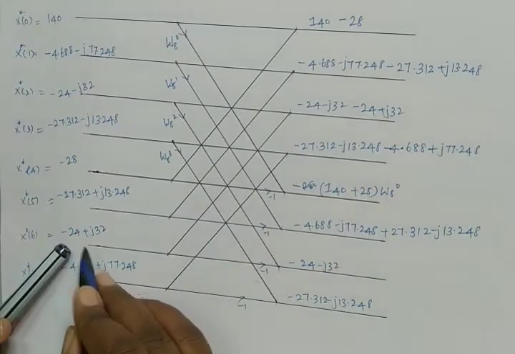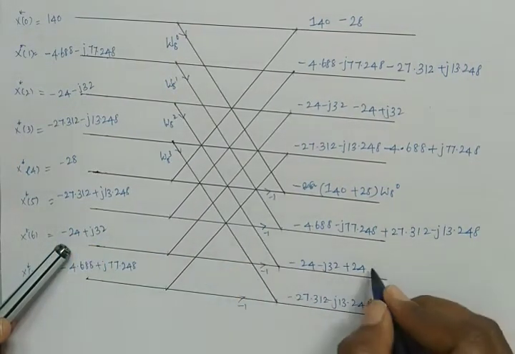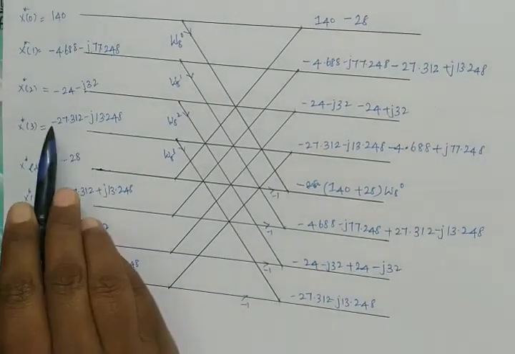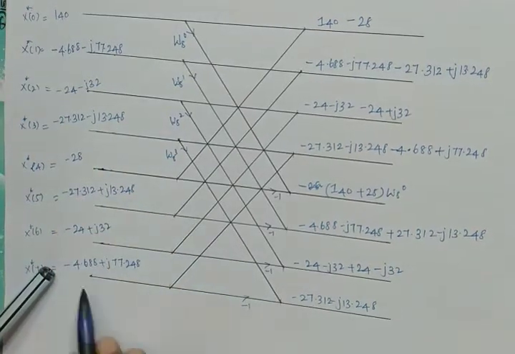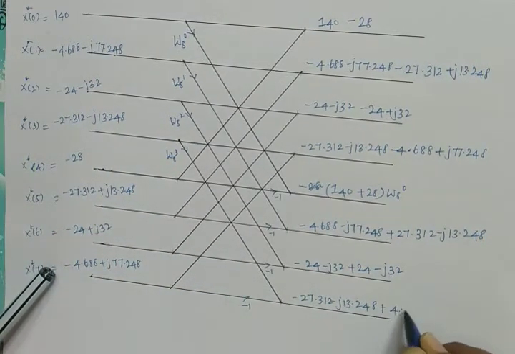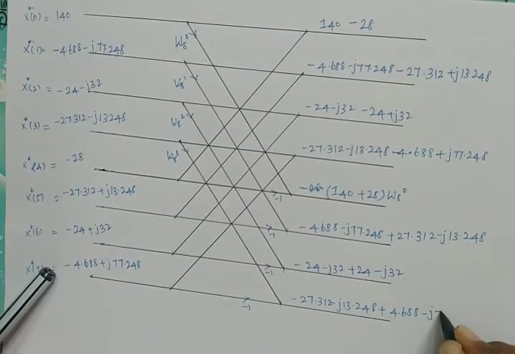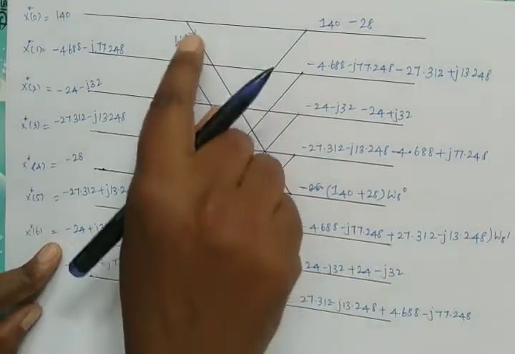Here we have minus 24, minus into minus is plus 24, plus into minus is minus j32. Then the next one, minus 27.312 minus 13.248, and minus into minus will be plus 4.688, plus into minus will be minus j77.248.